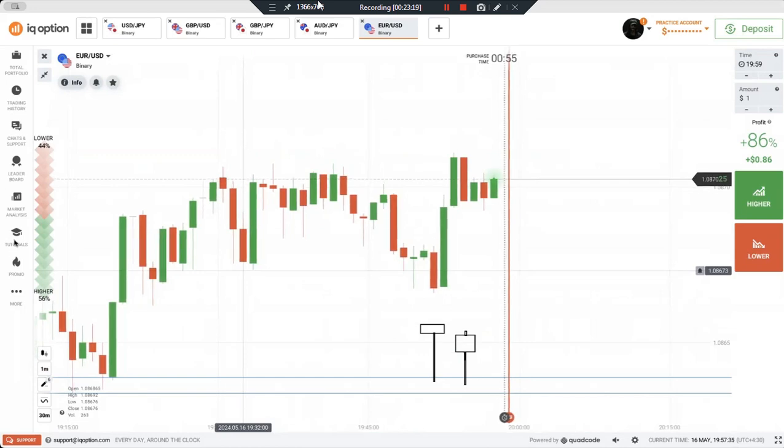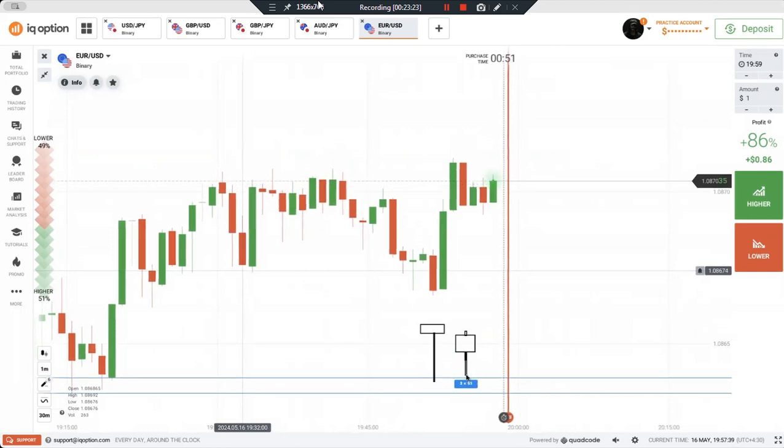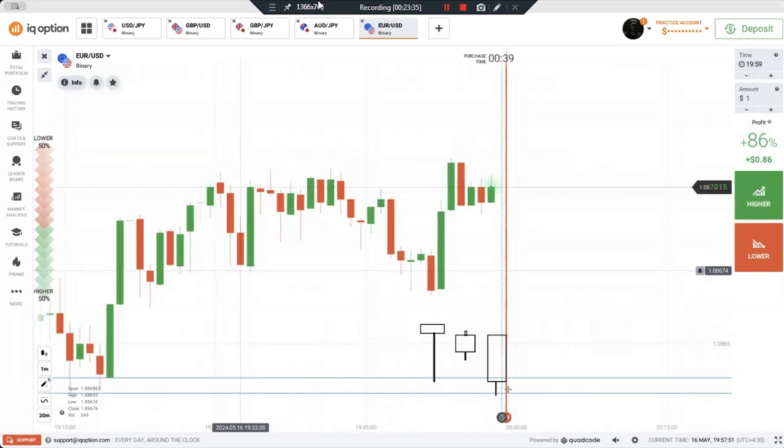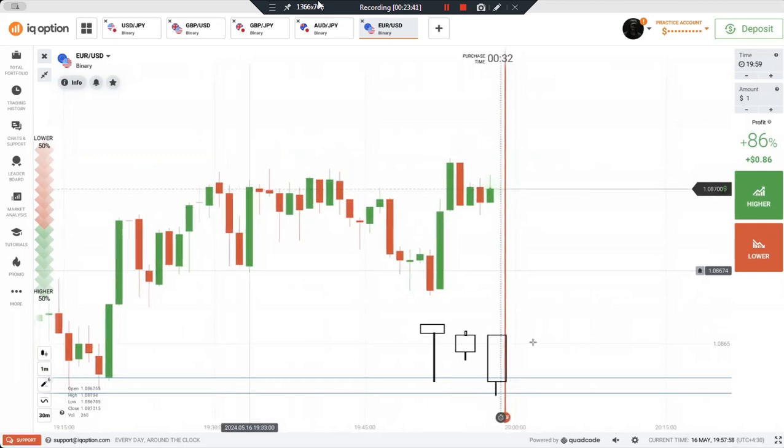So it must be like this. There is no touch. The rejection can be close, but it shouldn't touch. So we will wait for one candle at least or more. And then if we see the market close at the level here, there is no problem. We can take the trade here easily.